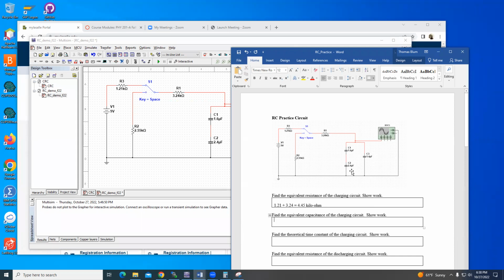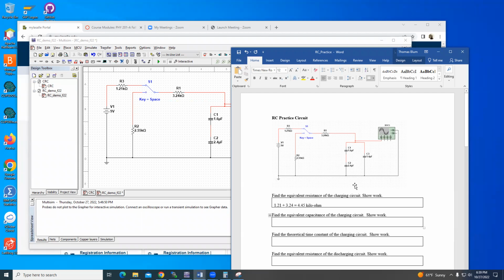C1 and C2 are in series. Any charge that went onto the plate on the top of the 1.6 gets a charge. That opposite charge stays on the bottom plate, but that corresponding positive charge leaves and goes onto the second plate. So these all have the same charge. And that is our definition of series for capacitors.